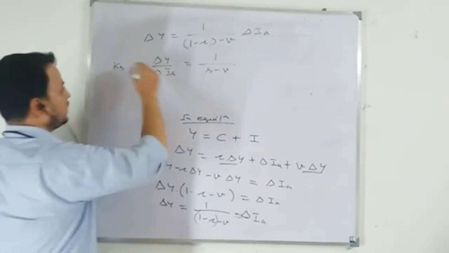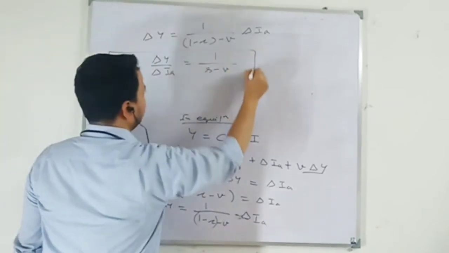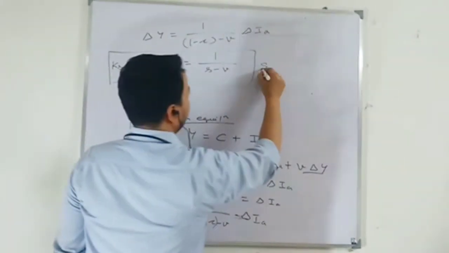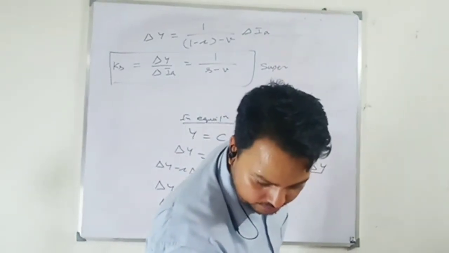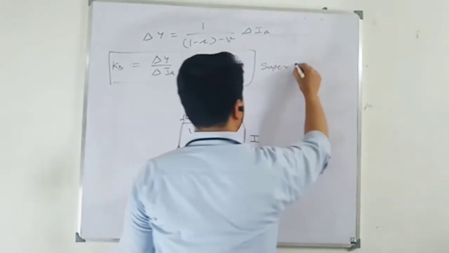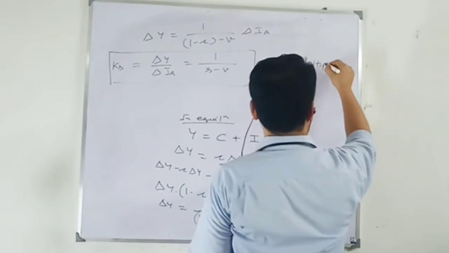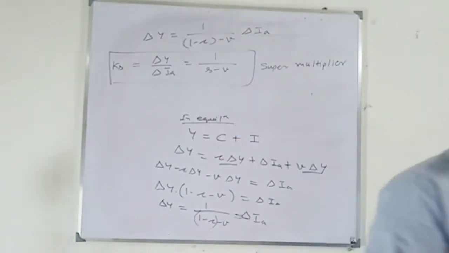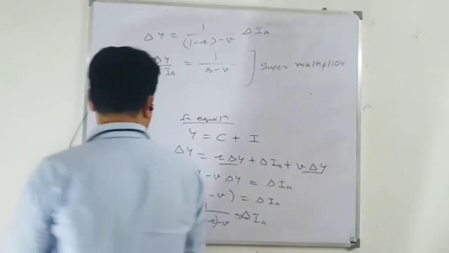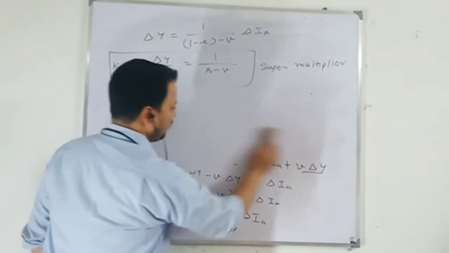This is what we call the super multiplier: 1 over MPS minus v, or you can write 1 minus small c, minus v. Now, in order to understand, I give you one example.